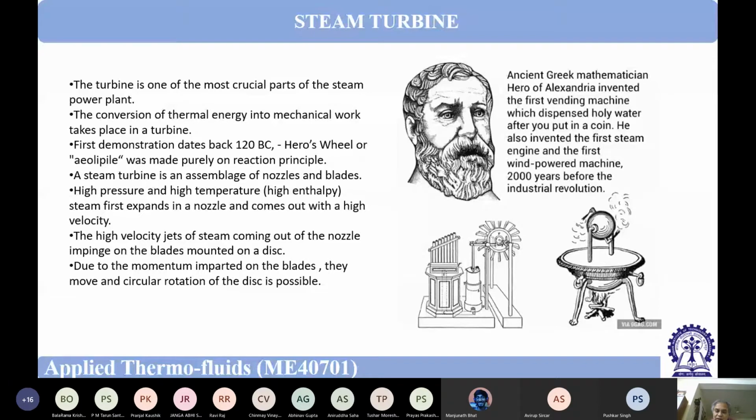Then through these two pipelines, it comes to this globe which is free to rotate, and there are nozzles. Through the nozzle, steam is coming out.